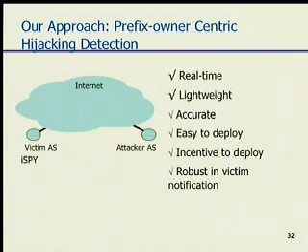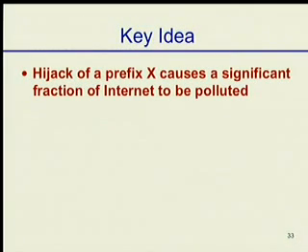So our technique has more advantages. The key observation is that a hijack of a prefix X can cause a significant part of the internet to be polluted, typically because everyone near the attacker AS tends to adopt the route announced by the attacker AS. Usually the internet routing policy is that you want to pick the shortest route to reach a destination.